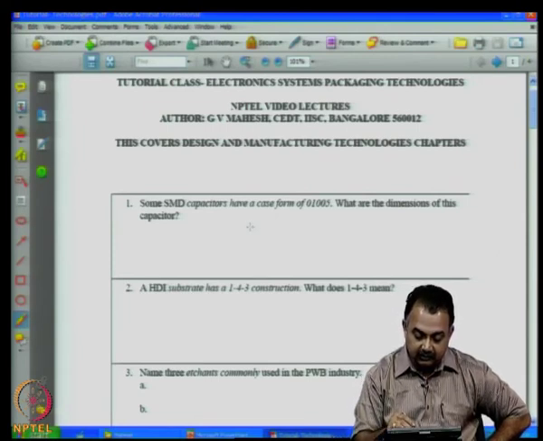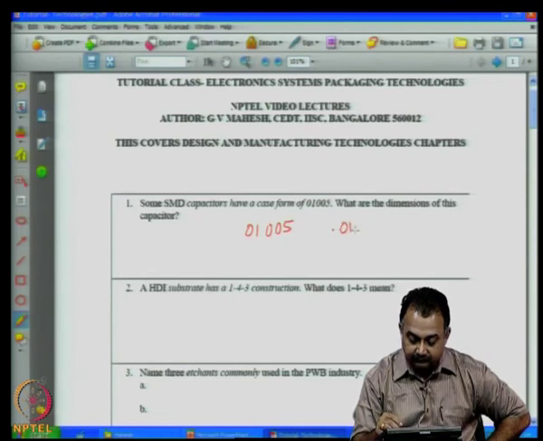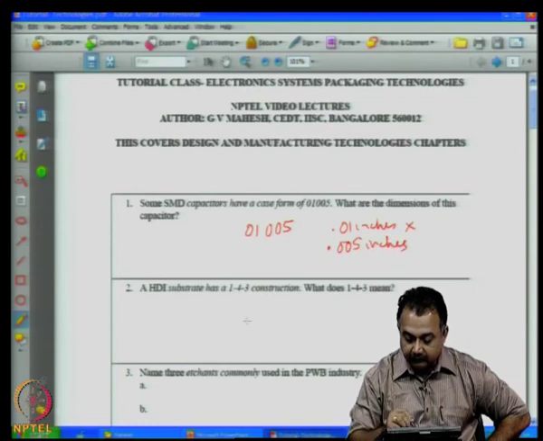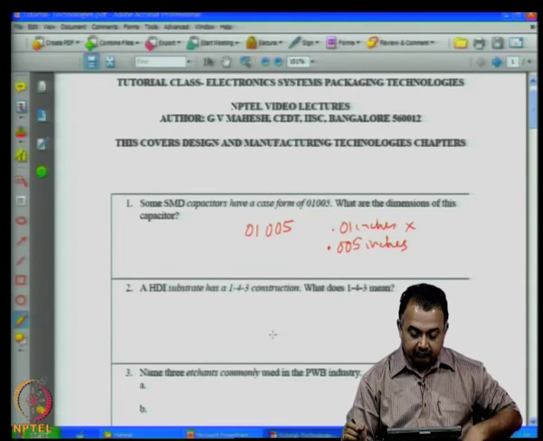So, here 01005 indicates that the capacitor has a dimension of 0.01 inches by 0.005 inches. So, this indicates the case form of the capacitor.